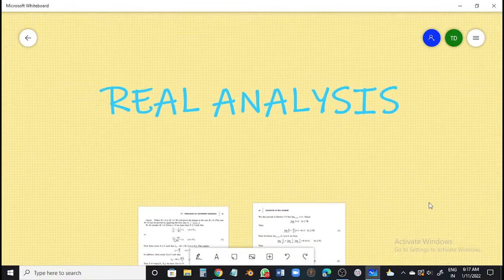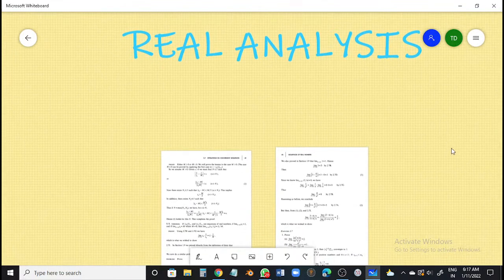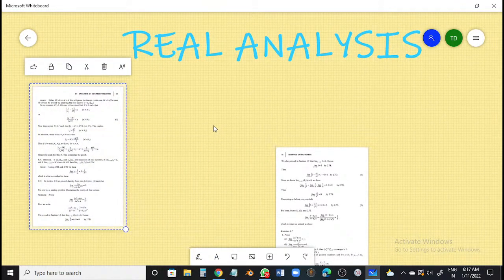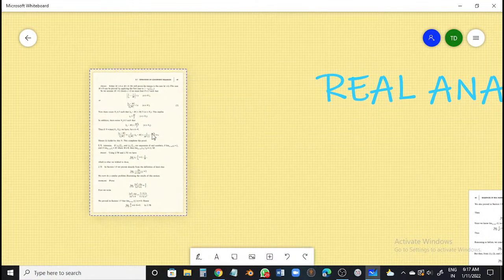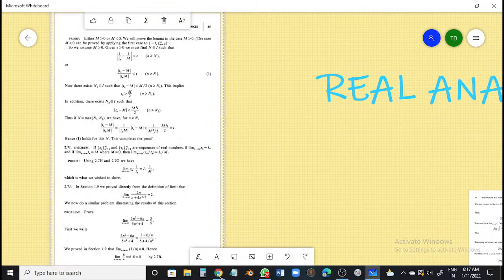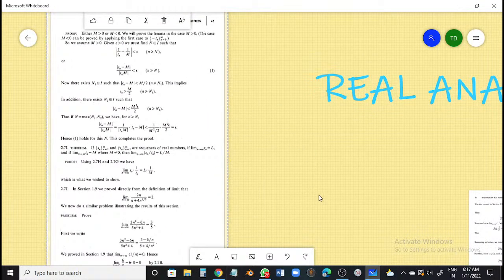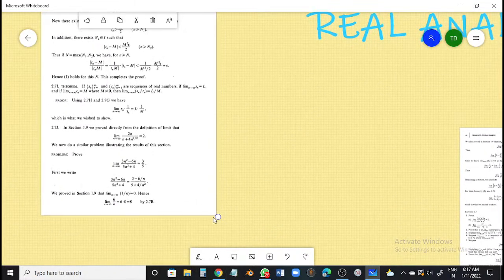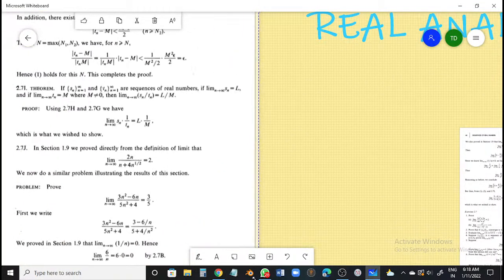With the help of the same statement, I would like to focus on the quotient of the sequences.